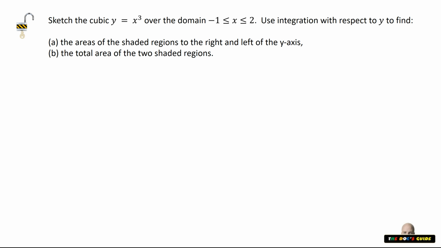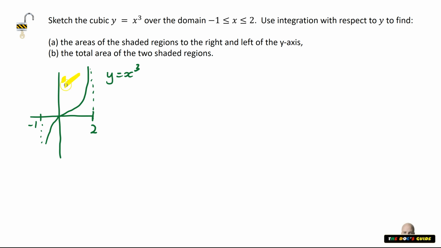If we look at this in practice, we sketch this cubic over this domain, and then find the areas of the shaded regions. So this is our cubic sketched up. We can see that we have uneven areas. We want this area here, which will be positive, and this area here, which will be negative.